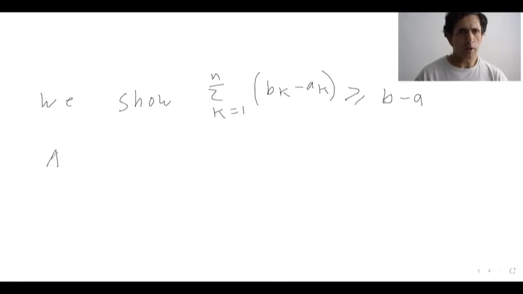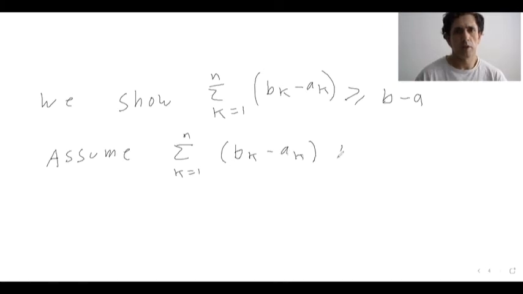Let's assume, and this is where I'm differing from the book a little bit, I think it's clearer to do this proof as almost like a proof by contradiction. Assume this is not true. Assume that this sum here is less than b minus a.